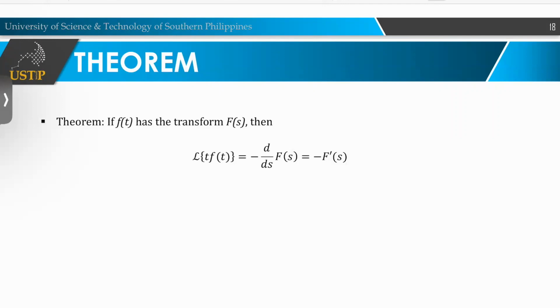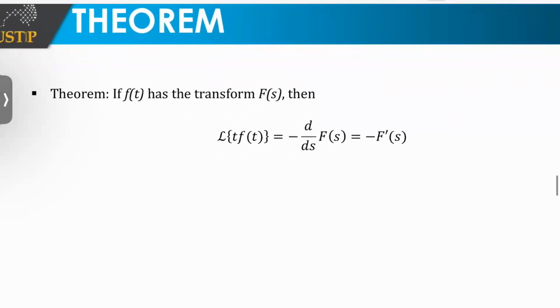Right now, we're going to discuss this next theorem wherein we want to get the Laplace transform of a certain function that is multiplied to t. Okay, so we have this theorem here, class.